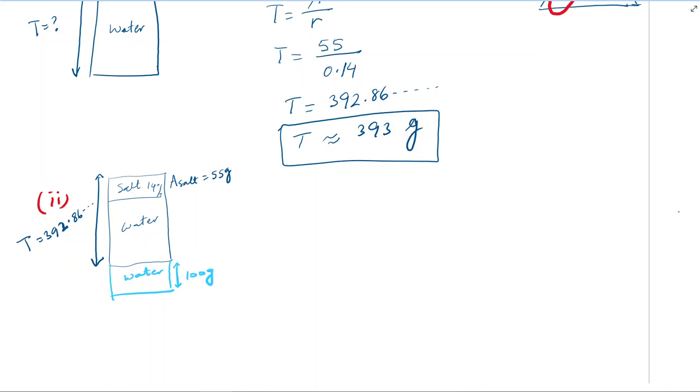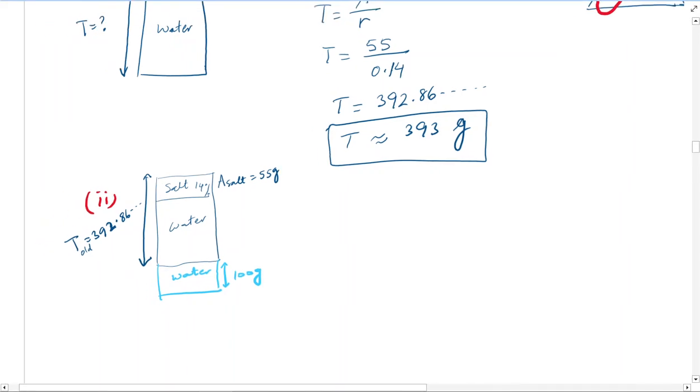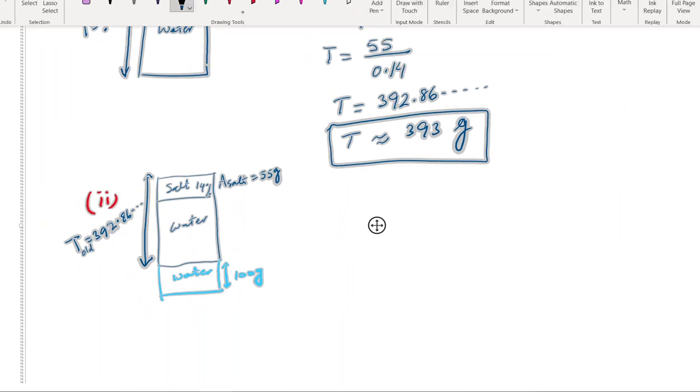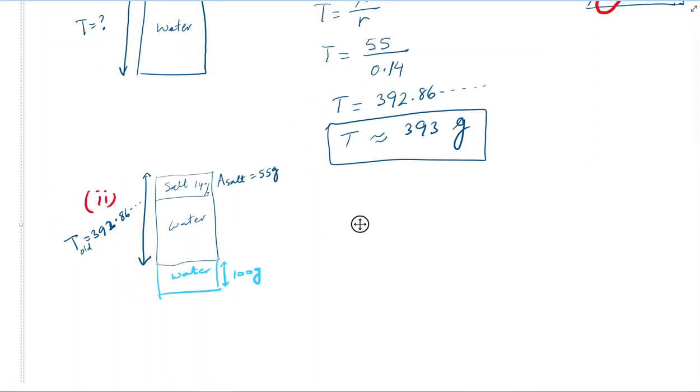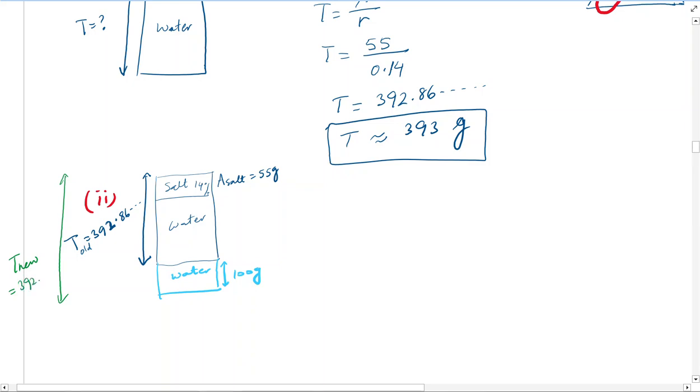Do not use the rounded value, so you don't get too much rounding error in your final answer. So this is your old total in part 1, but since we have added 100 grams more, we now have a new total. So the new total is old total plus 100, so it's going to be 492.86 grams.